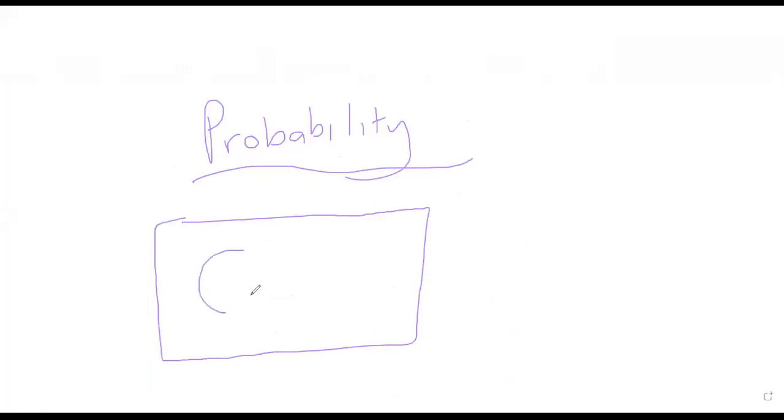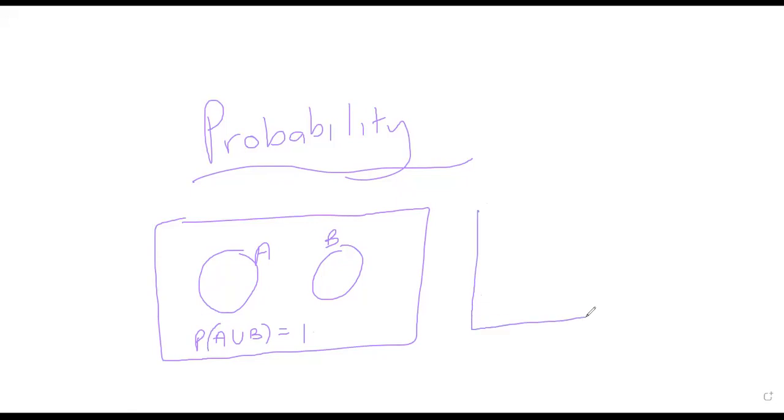This is set A and this is set B. So A union B is equal to 1 when you're dealing with disjoint sets, meaning this is 40%, and the other one the rest.